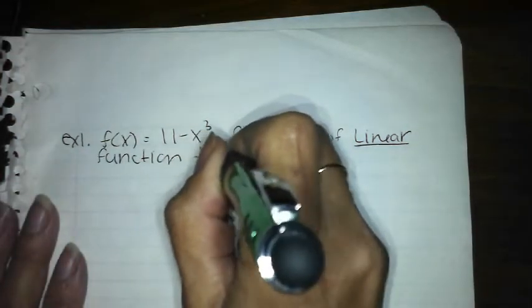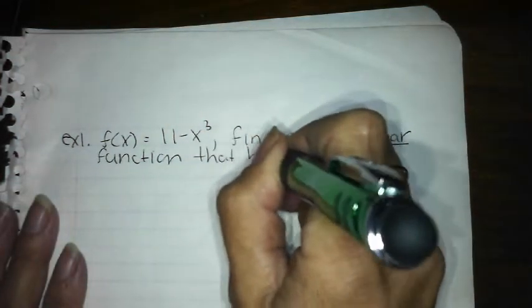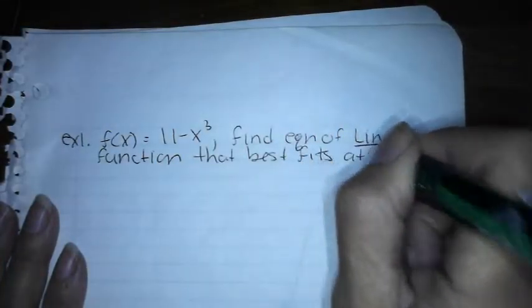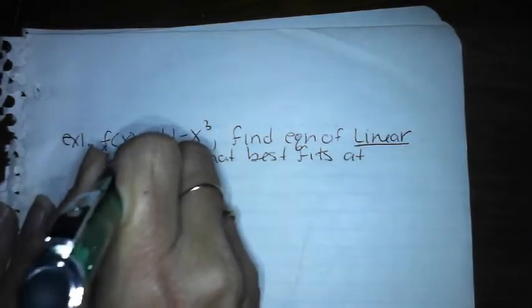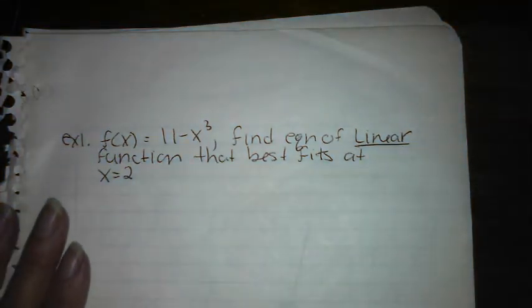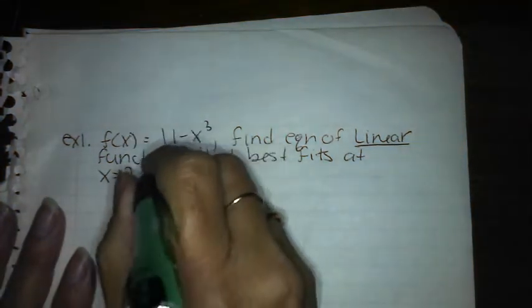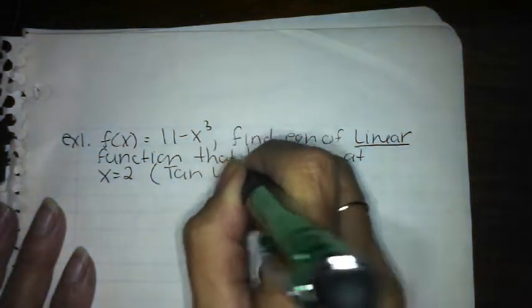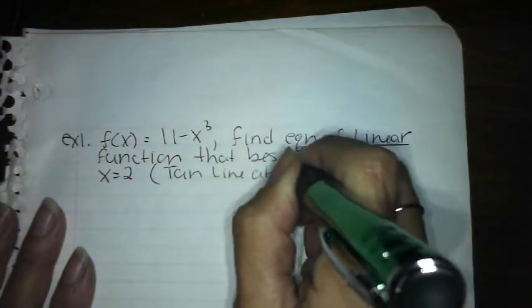that best fits at x equals 2. I haven't figured out why they're not just calling this the tangent line at 2, but that's what it is. So you want the equation for the tangent line at x equals 2.